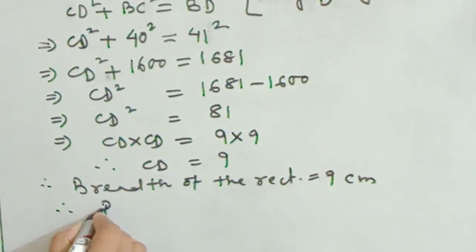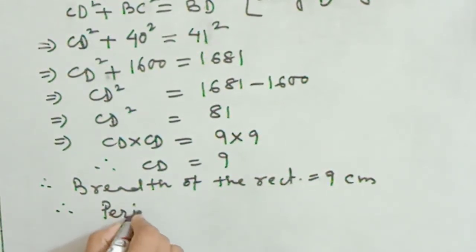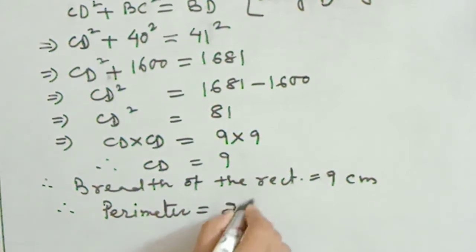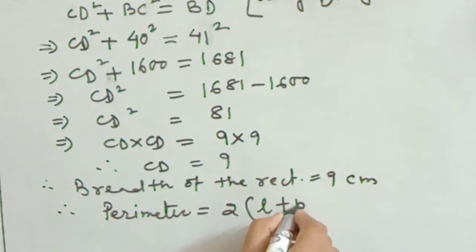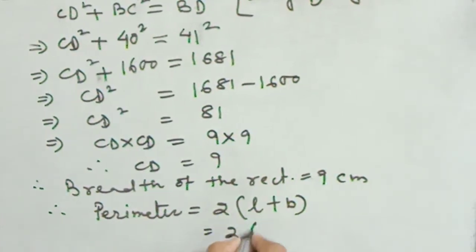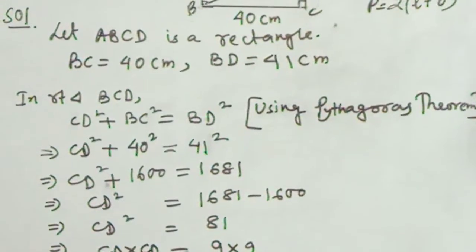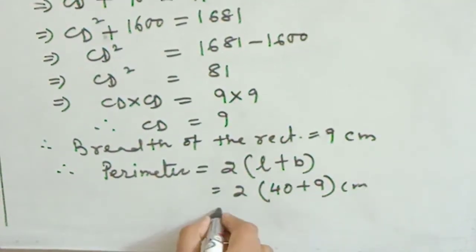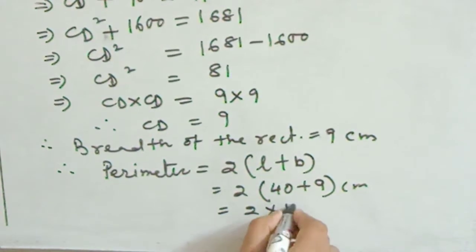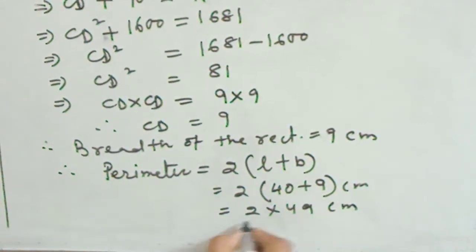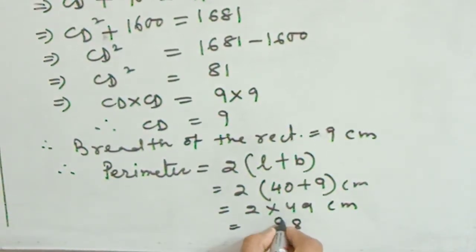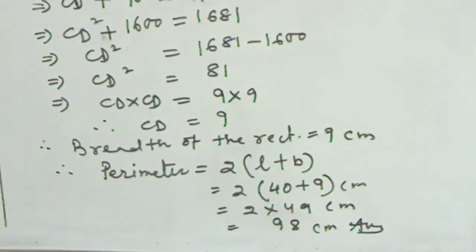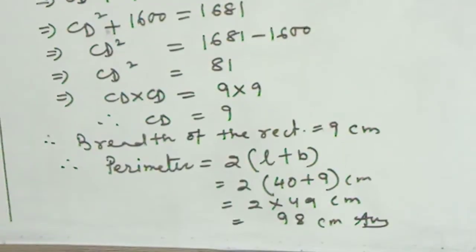Therefore, perimeter of the rectangle is two into length plus breadth. 2 into length is 40 centimeter and breadth is 9 centimeter. Therefore, 2 into 49 centimeter, 98 centimeter. Therefore, perimeter of the rectangle is 98 centimeter.